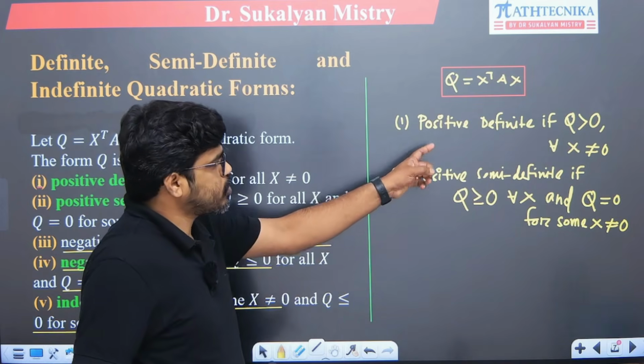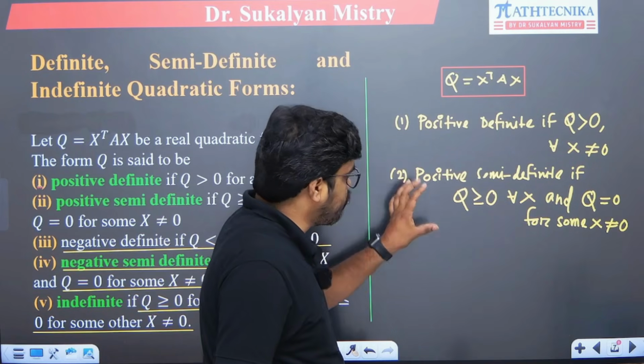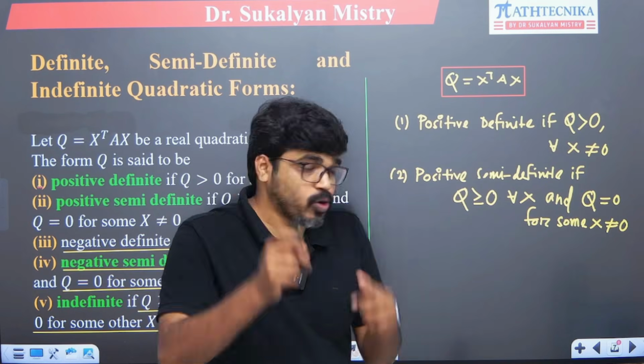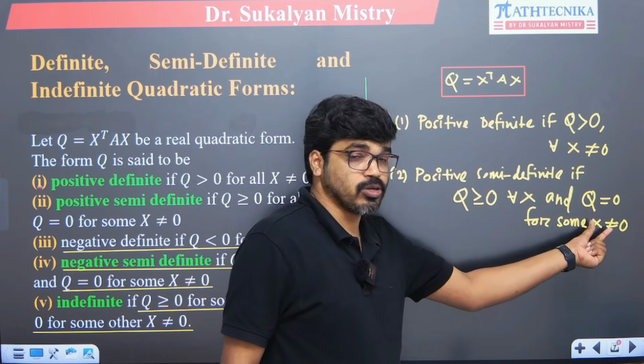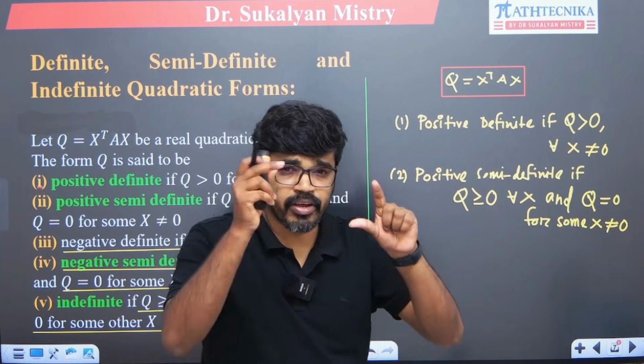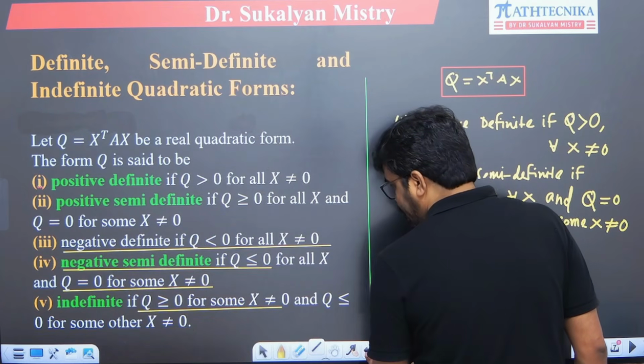So when is it positive definite? If Q is greater than 0 for all x not equal to 0. Positive semi-definite: Q is greater than or equal to 0 for all x, but there exists some non-zero x for which Q is 0. Negative definite, that is Q is negative for all x.